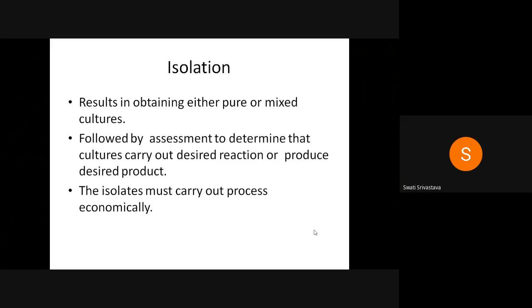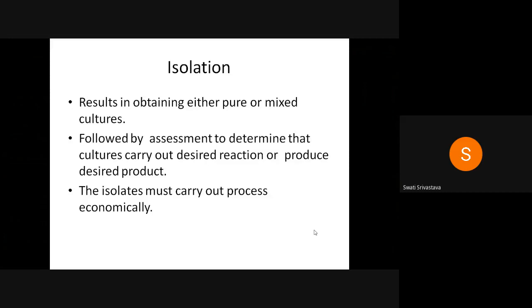Now, the result of isolation is that we are getting either a pure or a mixed culture. Pure means a species of a particular genus. So that is a pure species, a pure strain we call it in biological terms.